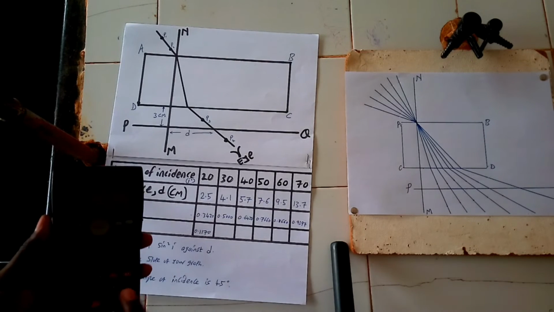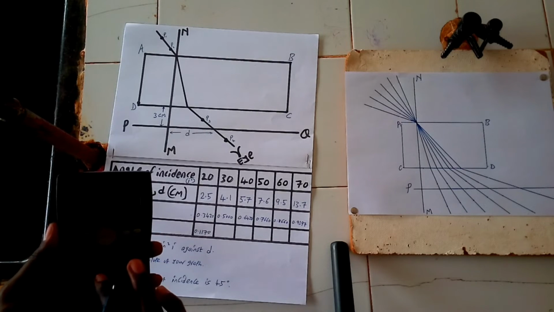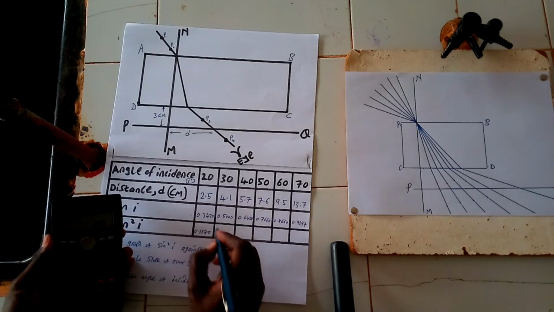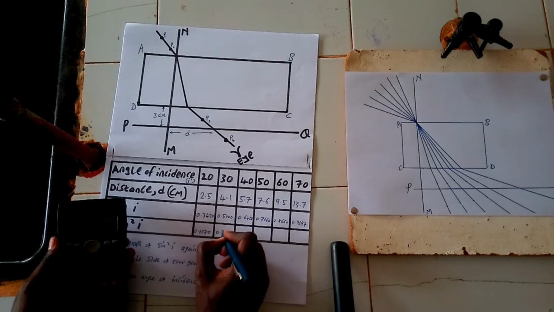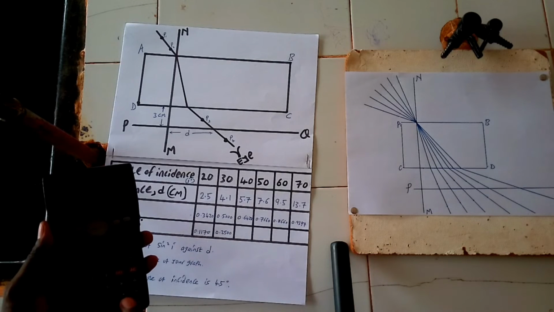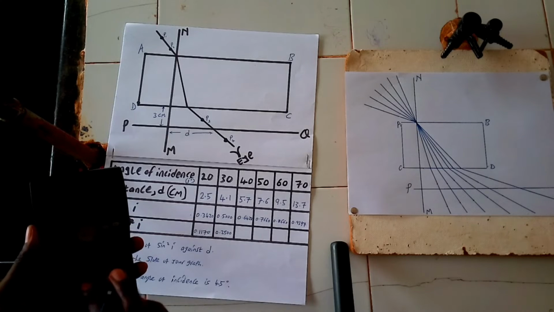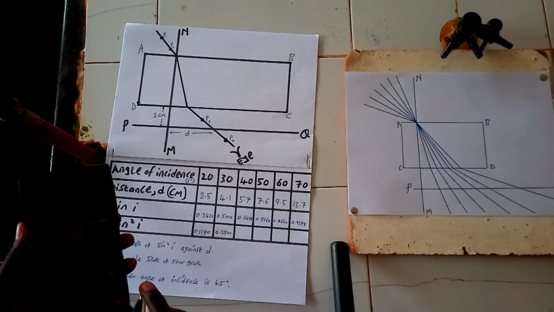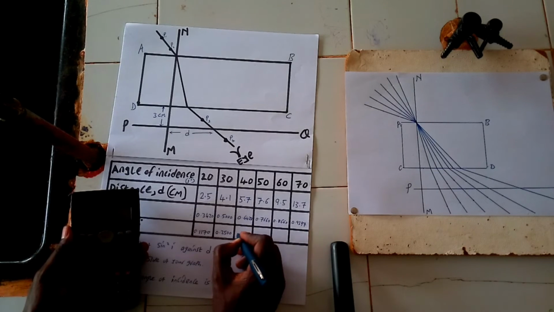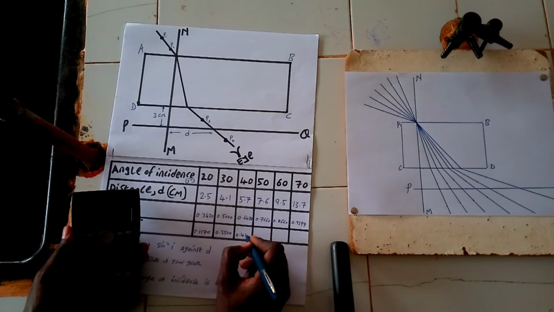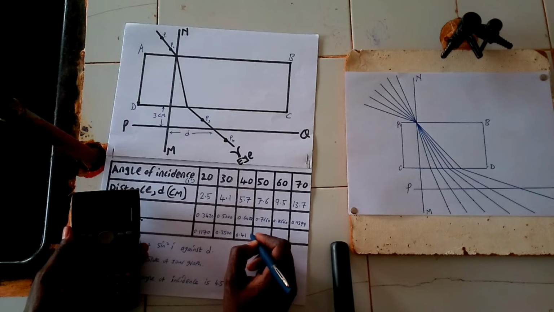Then we have 0.5 squared. That is 0.25. 0.6428 squared is 0.4132.